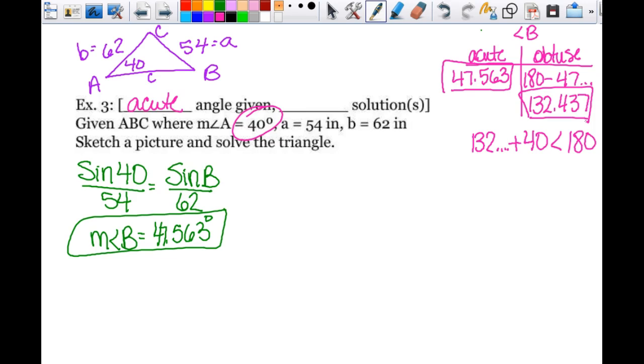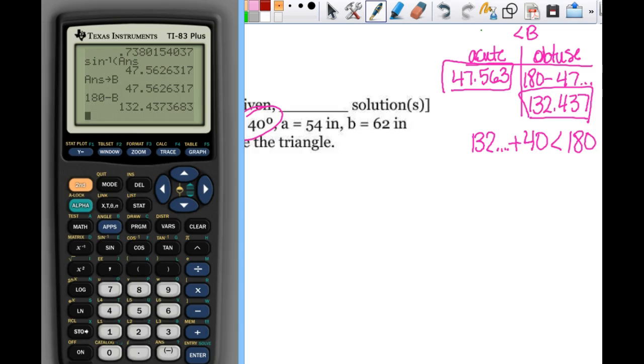Now, there are two different possibilities for angle B, which means there are two completely different triangles, right? So we need some way to notate this. Since there are two different B's, we're going to call this B sub 1, and that's going to be B sub 2. But I want them both saved. So here's what I did, because there's not two B's on here. Since this is clearly just A, B, C right here, B1 is in B, and then B2, I just put in the one right below it. You can do whatever makes sense to you, but that just made sense to me.